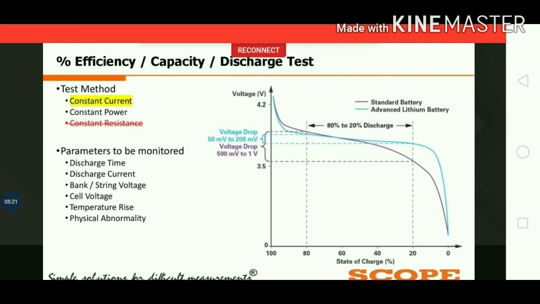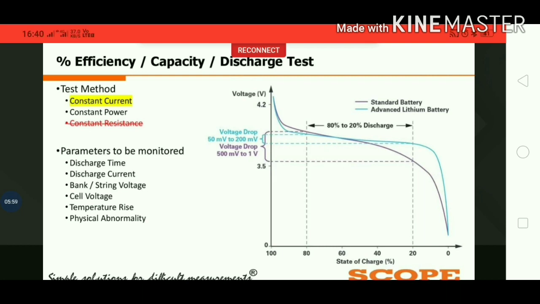When we carry out the discharge test, when the discharge is about 80%, the voltage lowers exponentially, and after 20% the voltage again decreases exponentially. In between 80% and 20%, the voltage decreases in a more linear way.